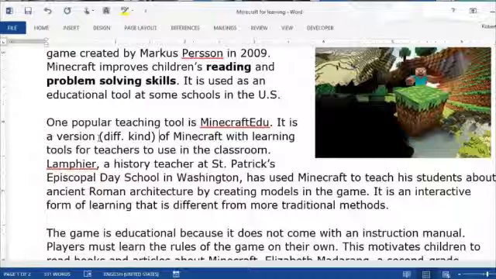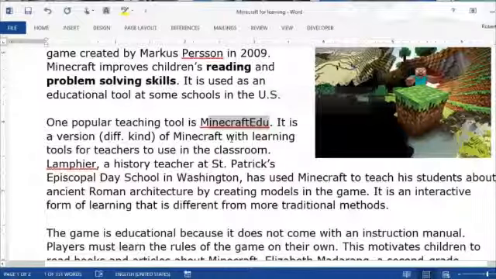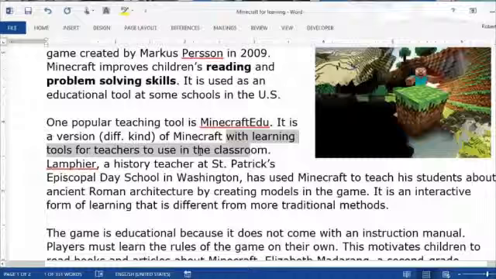Those are all different versions of the same phone. And just like the smartphone, Minecraft also has different versions of the game. And this one is the educational version, and it's a little bit different because this one comes with special learning tools for teachers.